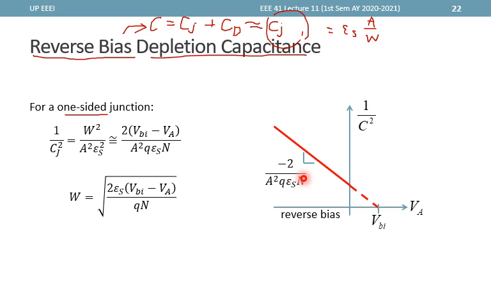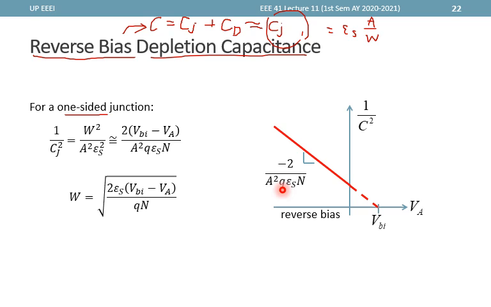And if we plot that at varying DC reverse bias voltages, then we can get this plot here. And from this one, if we know the area of our diode and the permittivity, then we can indirectly measure or have an idea of the doping concentration and eventually plot the doping profile of our diode using this information.